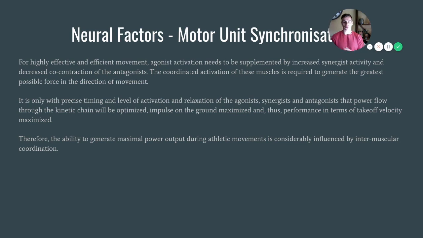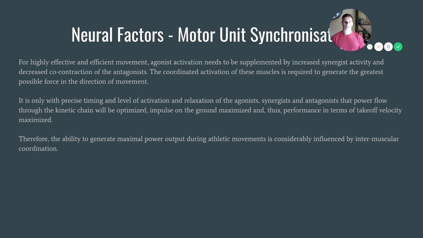It's only with the precise timing and level of activation and relaxation of the agonists, synergists, and antagonists that power flow through the kinetic chain is going to be optimized. Impulse on the ground, if you talk about running, is going to be maximized, and performance in terms of takeoff velocity is going to be maximized.